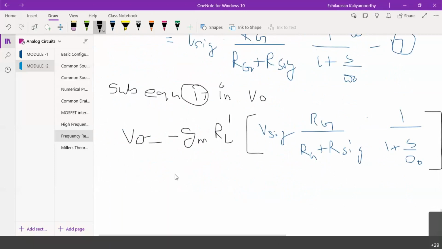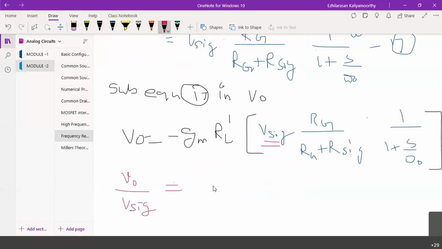So now what you will do? The output over the overall gain is what? V naught by V sig. So bring this over there. So it will be V naught by V sig is equal to this, this only, right? This will come down.